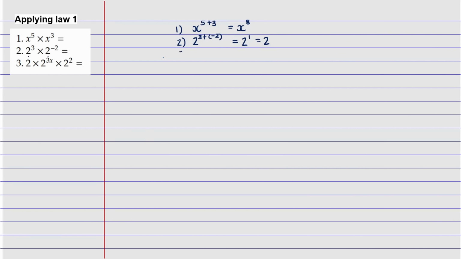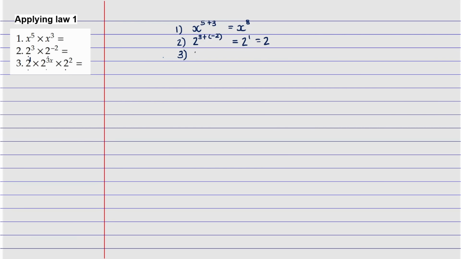So now moving on to example number 3. Remember the base is the same, multiplying, then we add the exponential, right? So here we have 2. Do you see the bases are the same? It's 2, 2, 2, and all the terms are multiplying, meaning we can add the exponential. But remember that this is the same as to the power 1, and this one is the same as to the power 1, right?